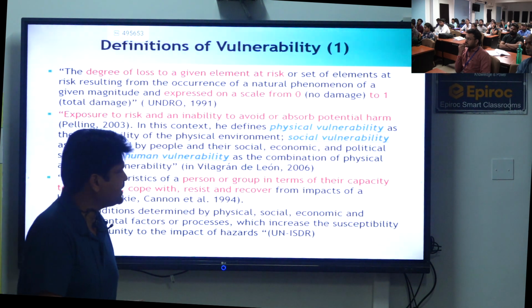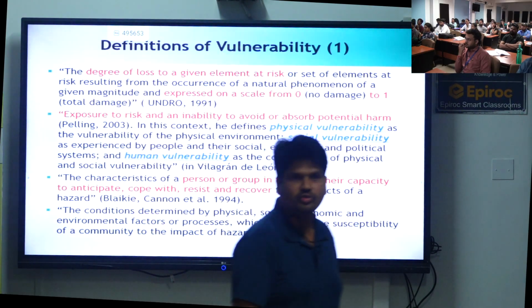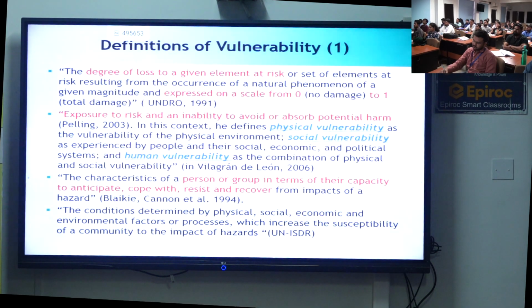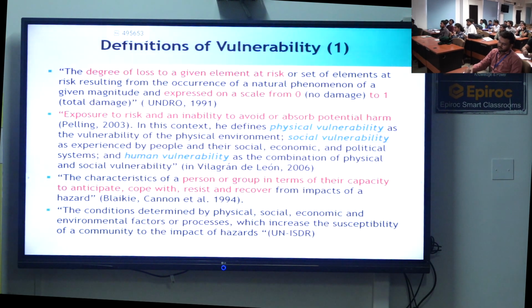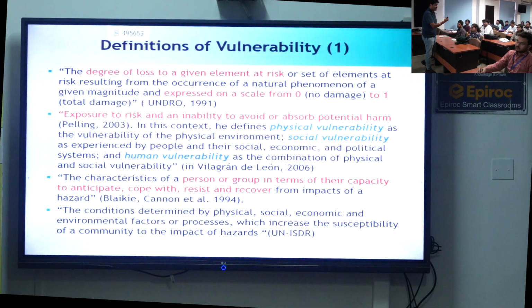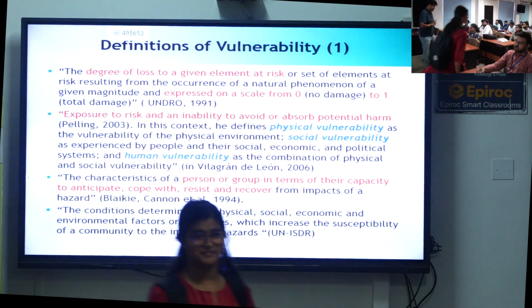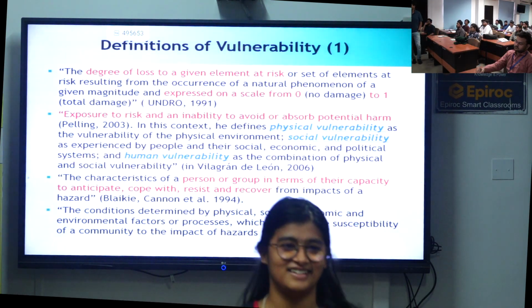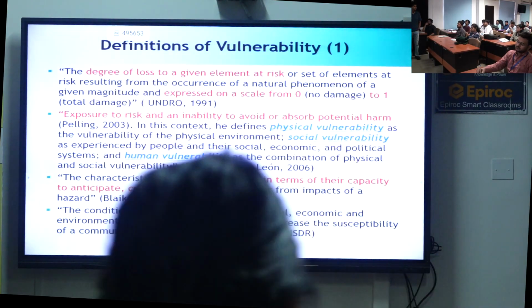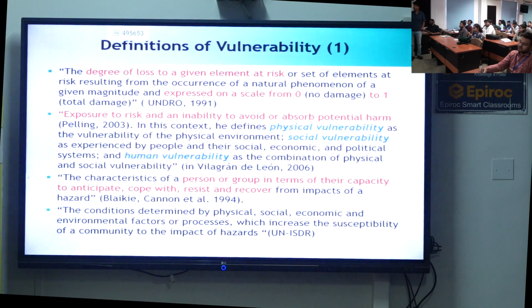And expressed on a scale from 0 to 1. 0 is the degree of loss that is expected from an impending natural hazard at a given time and space. That is the definition given by UNDRO, the United Nations Disaster Relief Organization, in 1991.